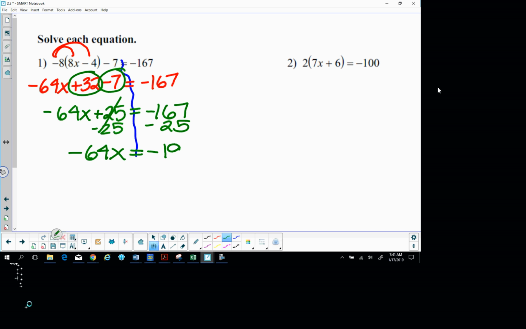Good. Negative 192. Lastly, how do I get the clingy couple away? How do I get negative 64 away? Divide. What do you end up getting? 3.